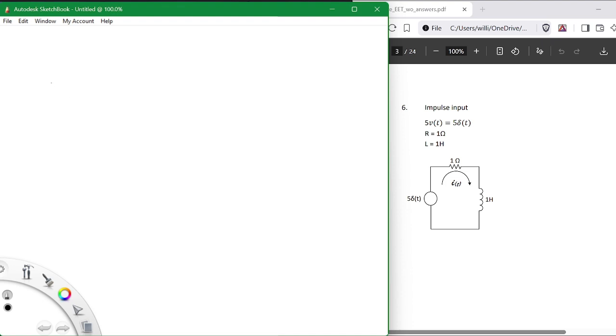What is my input? What is 5 delta? What is delta? It's a spike, isn't it? So boop, and then done. So what is the conversion of that?